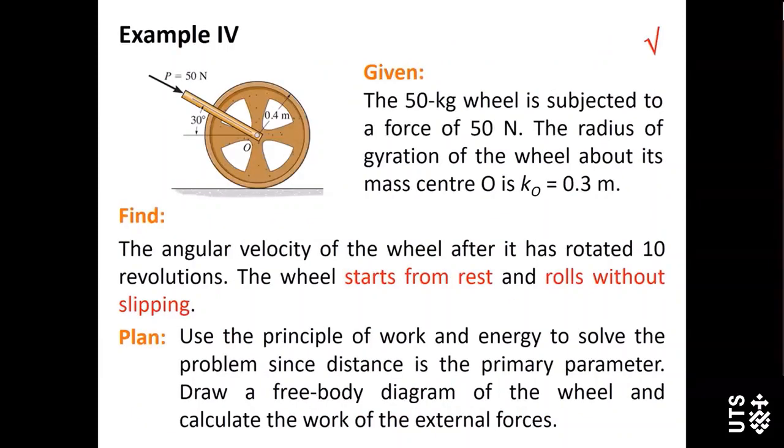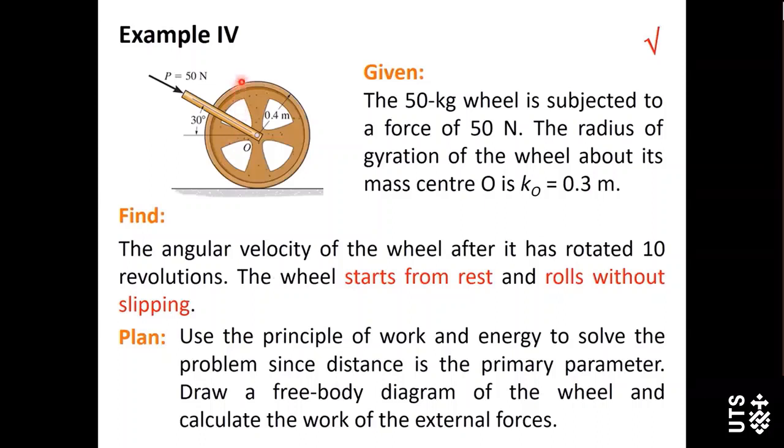Okay, next, we use this example to show how to use principle of work and energy to solve a problem. So firstly, let's define this problem.